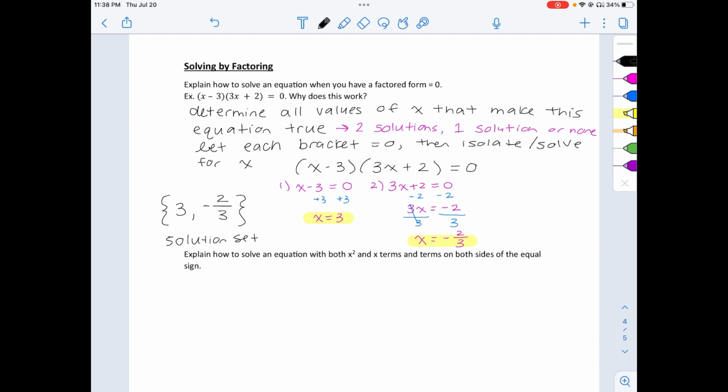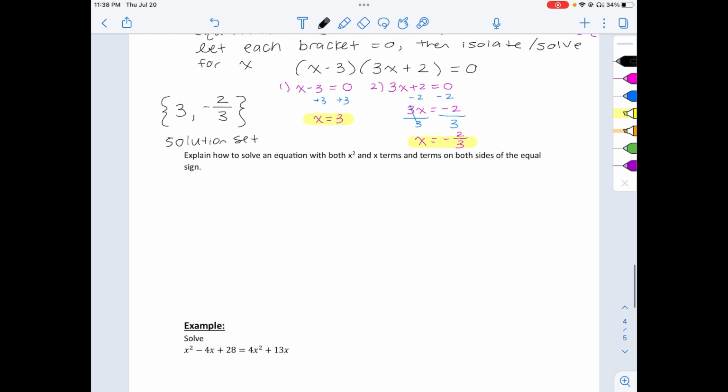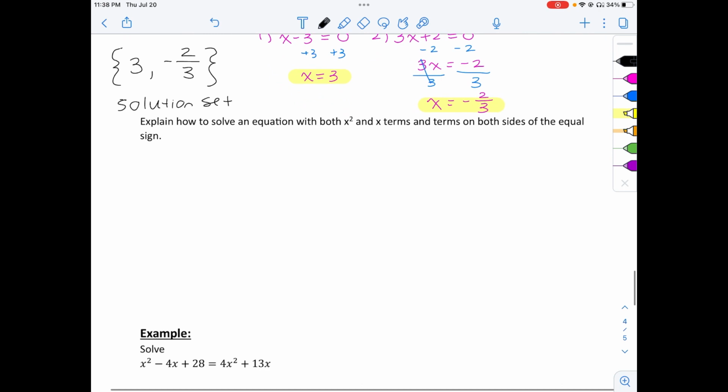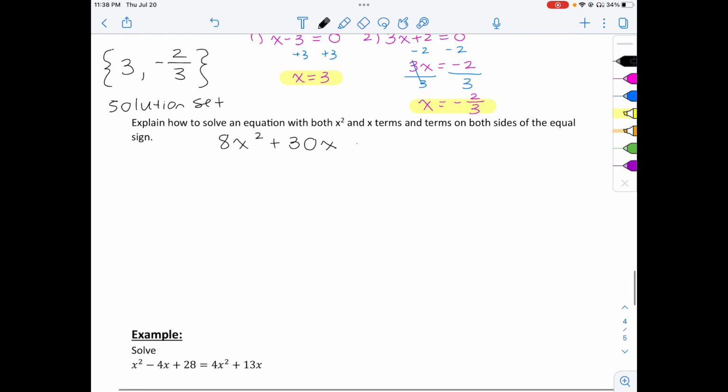But we're going to look and see how we solve an equation if it has x squared and x terms on both sides of the equal sign. Okay, so for example, if I had 8x squared plus 30x minus 48 equals 3x squared minus 4x.